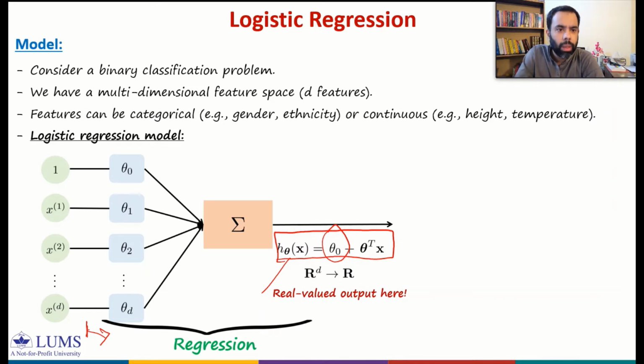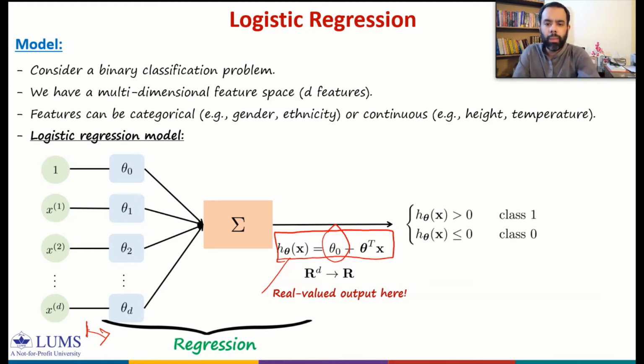Hang on, we wanted to build a classifier, right? So far this is very similar to regression. How can we carry out classification when we have h theta of x? We can build a very simple binary classifier. We can learn these parameters theta 1, theta 2, theta d, and theta naught, such that when we have class 1, this weighted sum is greater than 0, and when we have class 0 label, this weighted sum is less than or equal to 0.